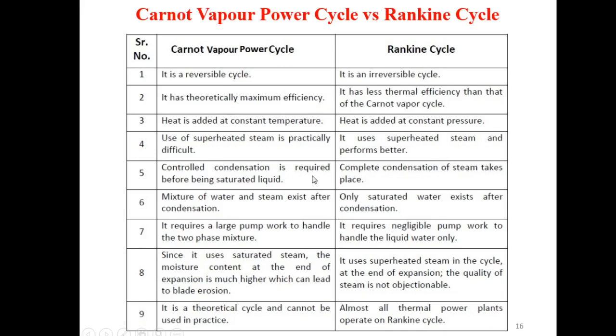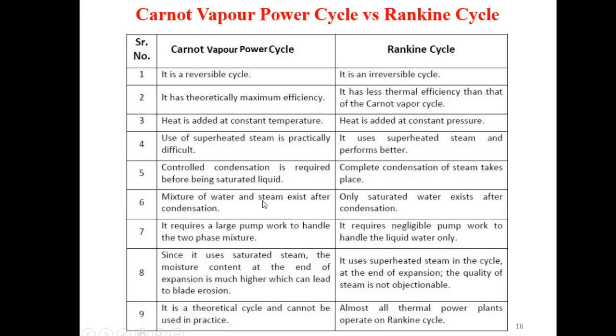In Carnot cycle, controlled condensation is required before being saturated liquid, because in this cycle, point number 3, that is leaving point of the condenser, is a wet point, whereas in case of Rankine cycle, complete condensation of steam takes place, that is point 3, which is leaving point of the condenser, is saturated liquid.